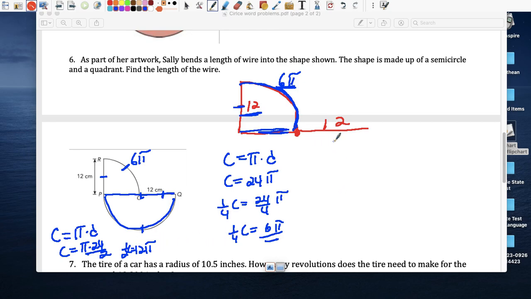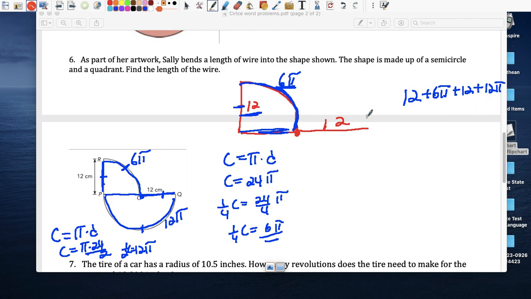So now I have my 3 parts. We're going to add this stretch here, which is 12 plus 6 pi, this section right here, plus 12, which is this section right here, and half of the circle, which is 12 pi.